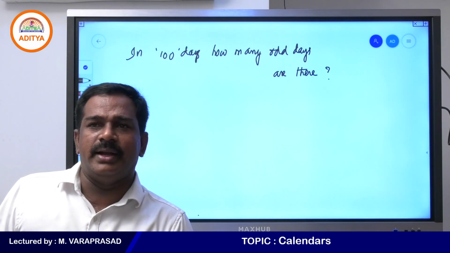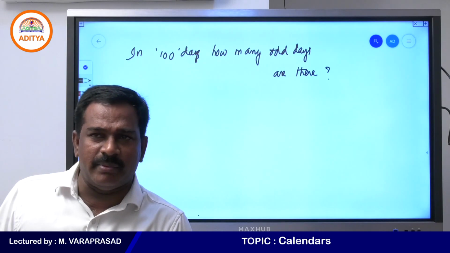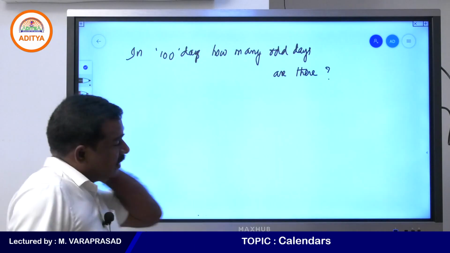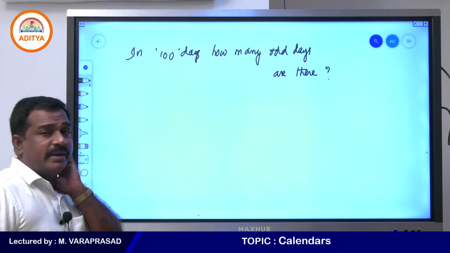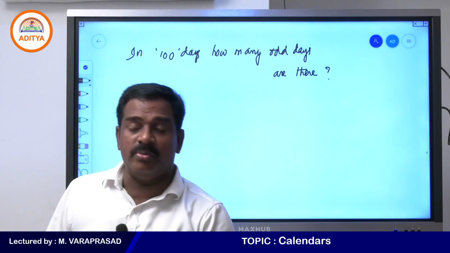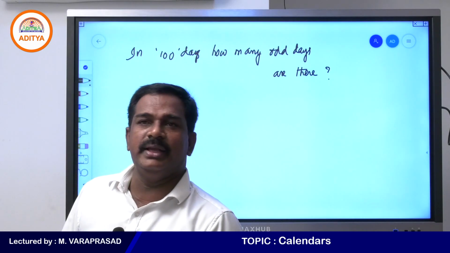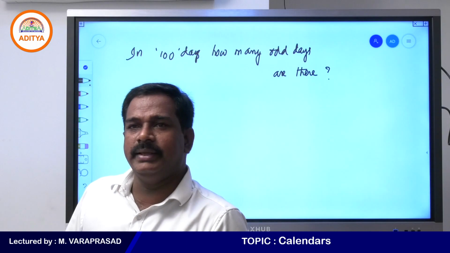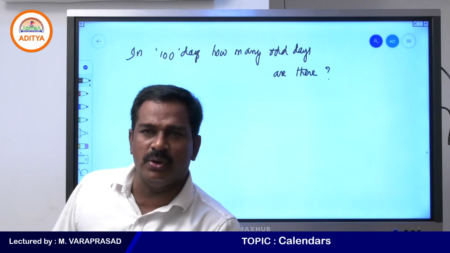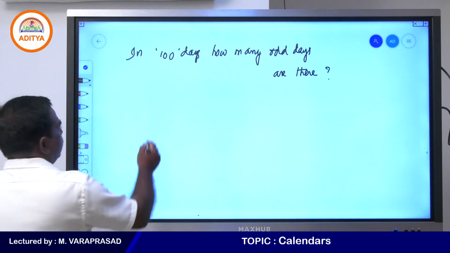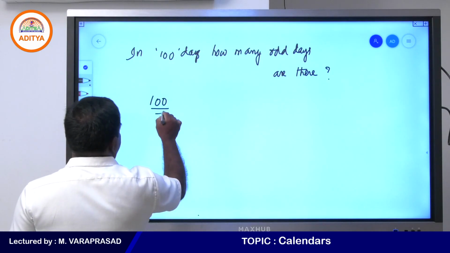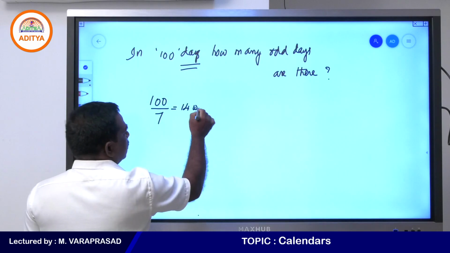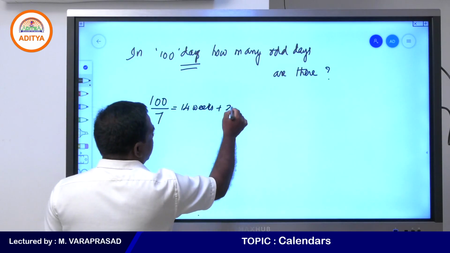Many of you gave the answer 2 odd days. Divide by 7: 14 weeks exactly plus 2 odd days.